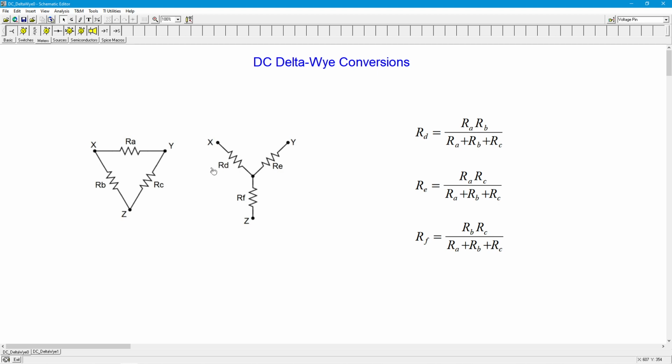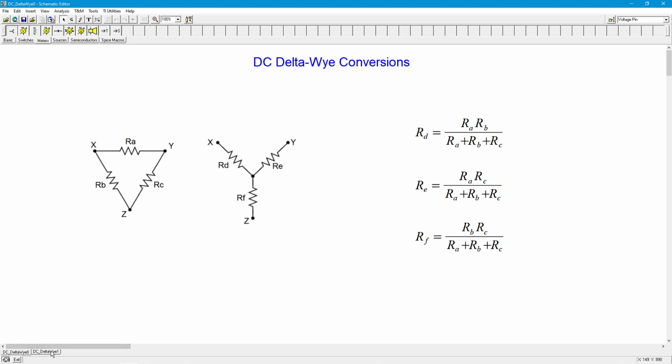So for example, for RD, what you're thinking of here is the resistors that are on either side of it, RA and RB. If you're looking at RE, either side of it's RA and RC. If you're looking at RF, either side of it's RB and RC. So we can just plug numbers in here and come up with something. So that's fairly straightforward. I wouldn't say it's trivial, but it's a fairly straightforward process.